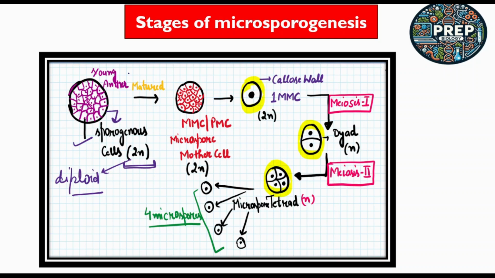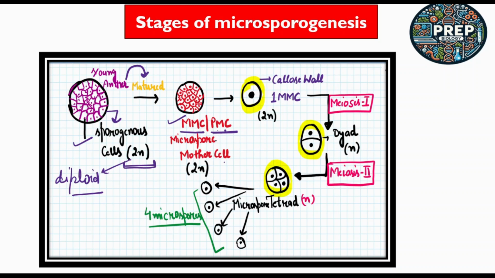When it gets matured, they form a number of MMCs or PMCs. What is the meaning of MMC and PMC? MMC means microspore mother cell, and PMC means pollen mother cell, from which the microspores are formed.